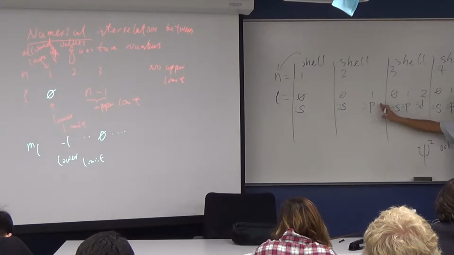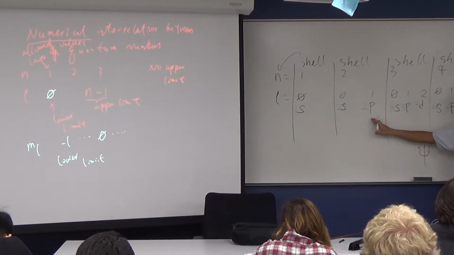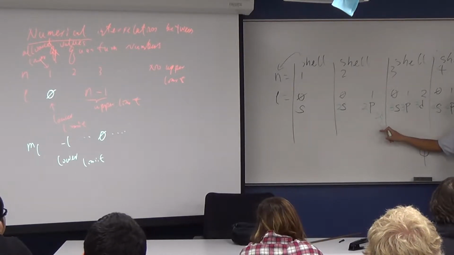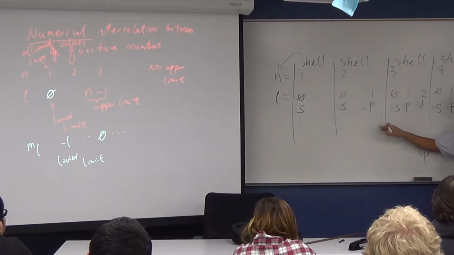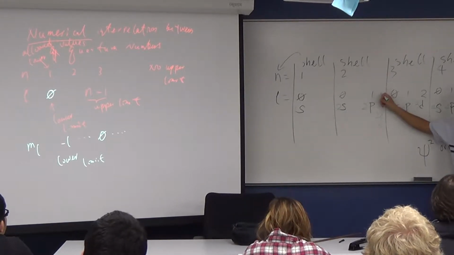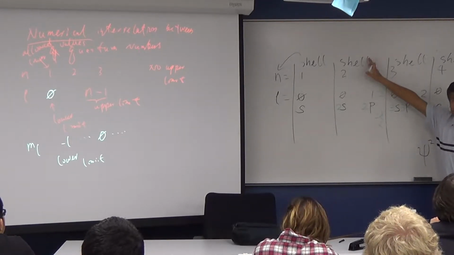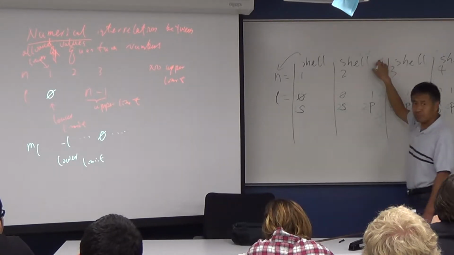Do we have a 2D? No. Why don't we have a 2D here? D means what is the number for L? It's 2, right? We did not have a 2 for this shell, for this level, and sometimes shell is also called level.